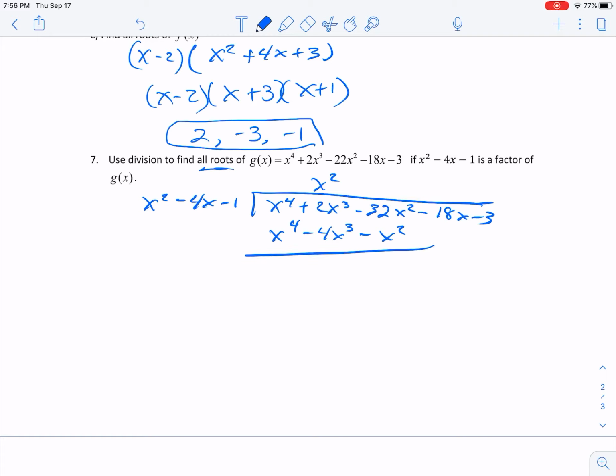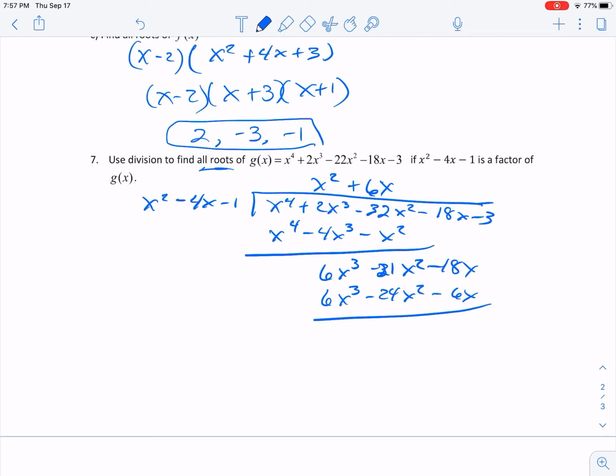Remember, you're subtracting, so I get 6x cubed minus 21x squared minus 18x. I have to multiply by 6. 6x, so now I've got 6x cubed minus 24x squared minus 6x.